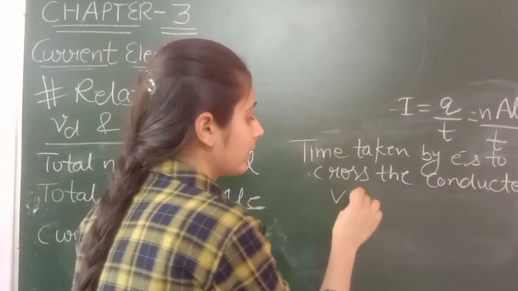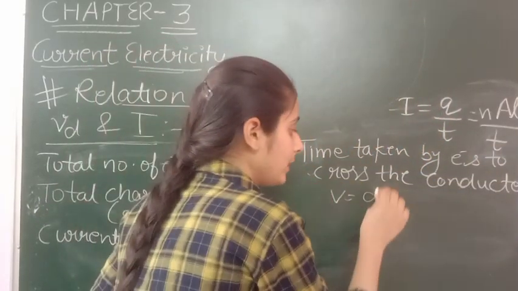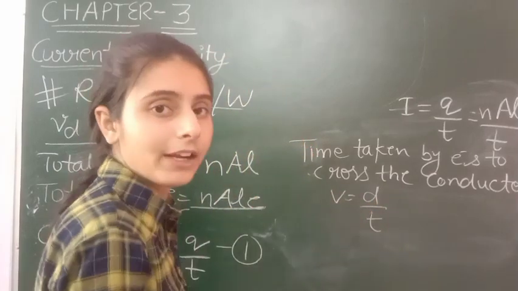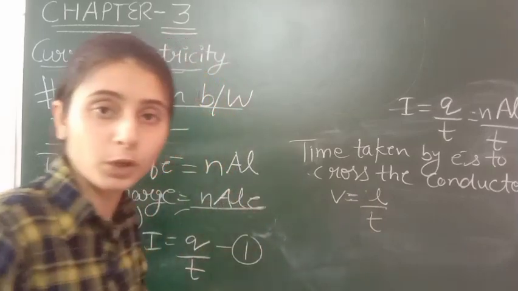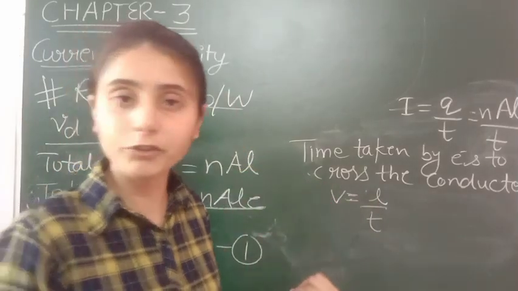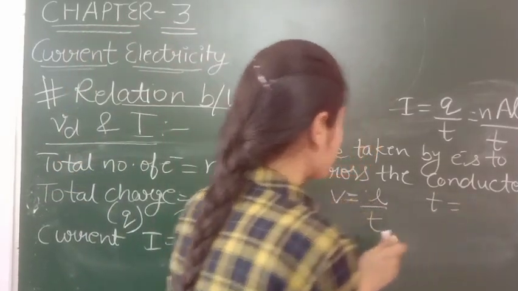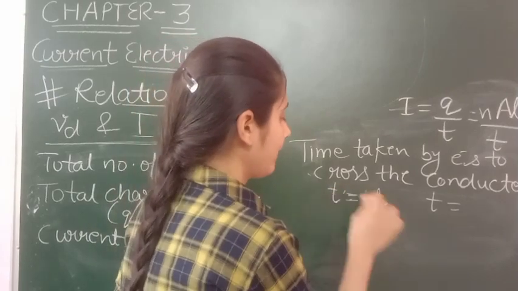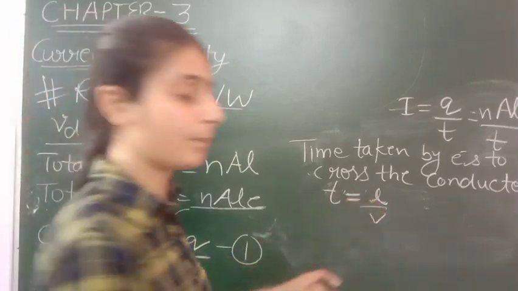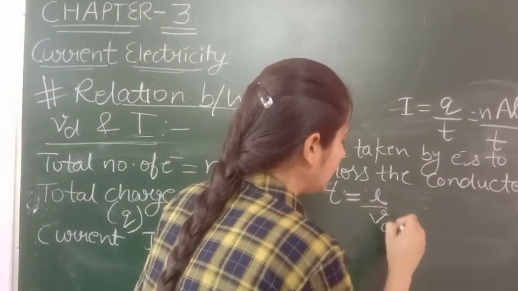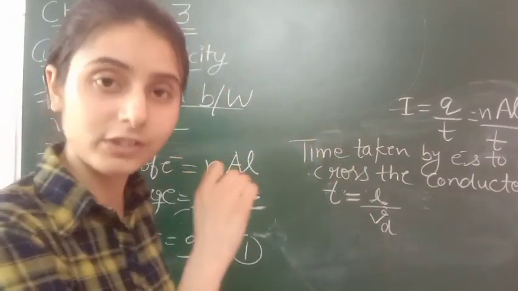And we know the formula of velocity is distance upon time, and here we have length. So velocity will be length upon time. From here we can find the value of time. So t will be equal to L upon Vd, where Vd is the drift velocity.